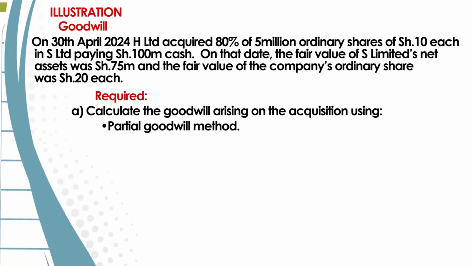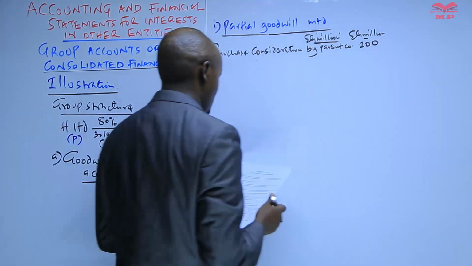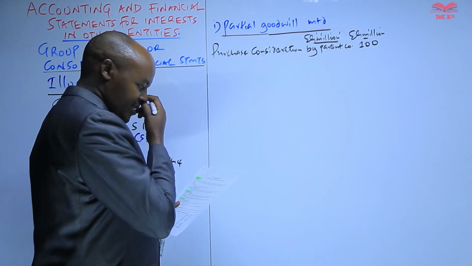If we go back to the information which you're given, in sentence number 1, you're told on 30th of April 2024, H Limited, which is the parent, acquired 80% of 5 million ordinary shares of shillings 10 each in S Limited, paying shillings 100 million cash. So the amount which was paid by the parent company was 100 million.